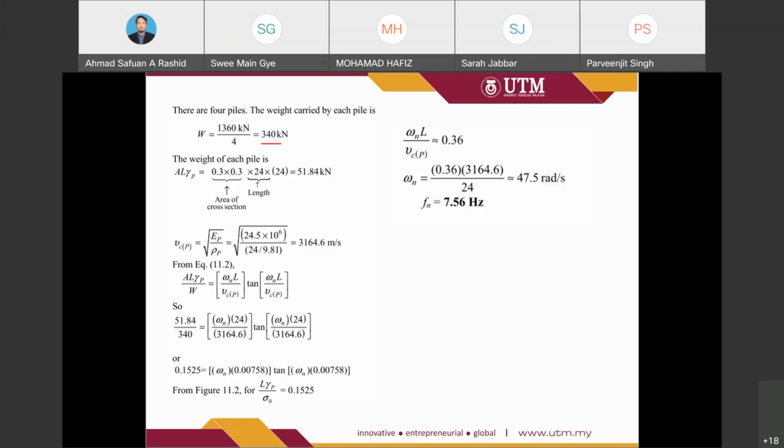From this example, the author used case number 3, which considers that the W and the weight of the pile have relatively the same magnitude in comparison. For case number 3, it looks like the W is very big compared to the weight of the pile.